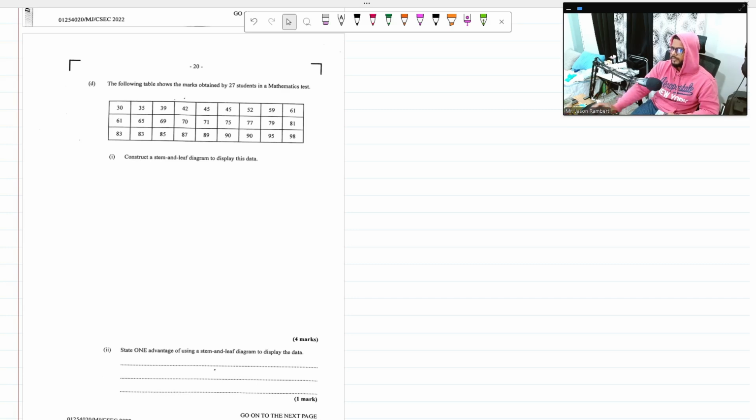The following table shows the marks obtained by 27 students in a mathematics test. Construct a stem and leaf diagram to display this data. All right, so for the key, 1 | 2 represents 12.